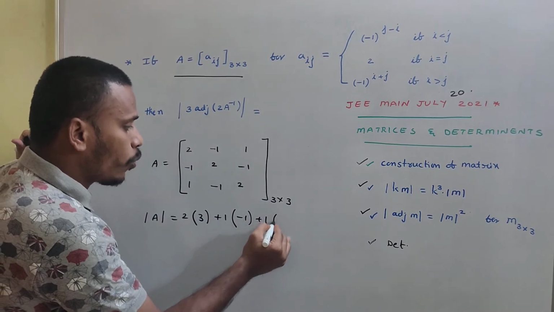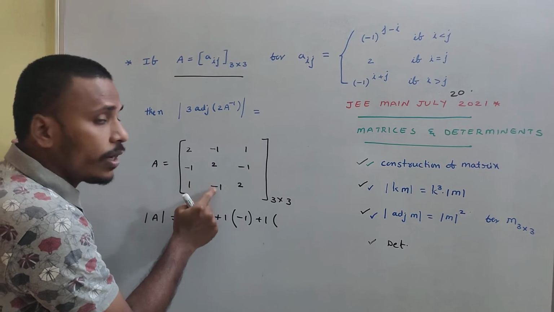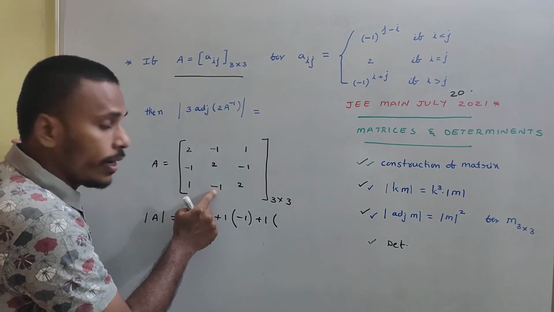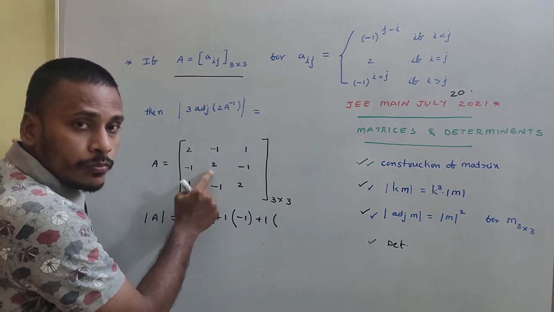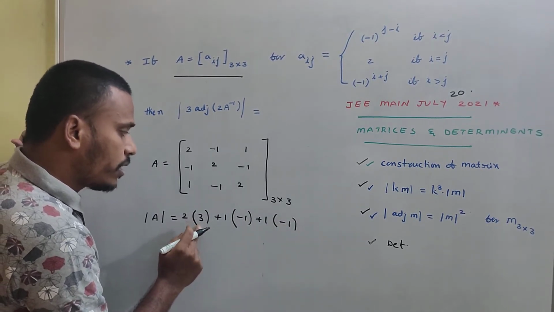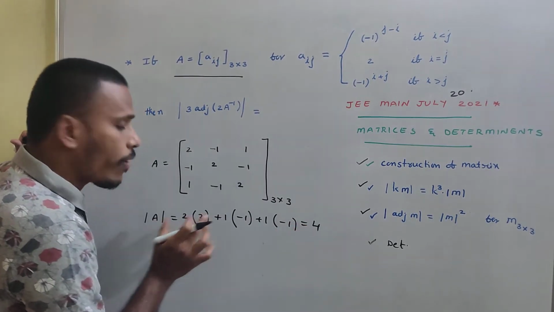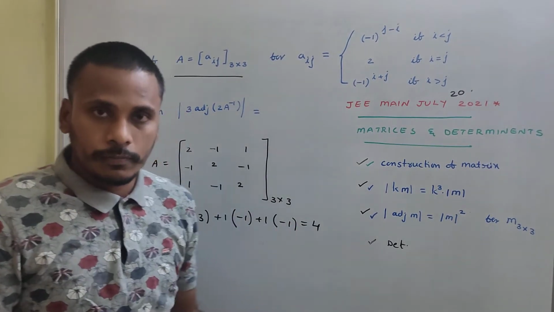And then plus 1 into, think about these 4 elements: minus 1 into minus 1 is 1, minus 2, is again minus 1. And this equals 6 minus 1 minus 1, 6 minus 2, which equals 4. So finally the determinant of A is equal to 4.